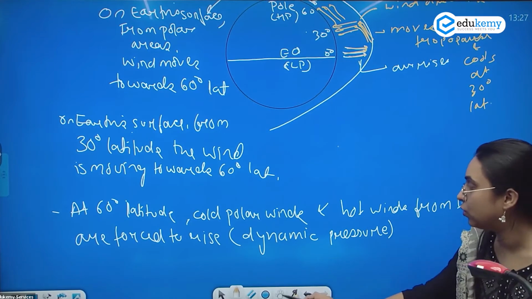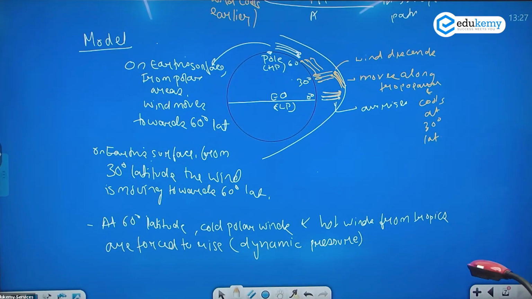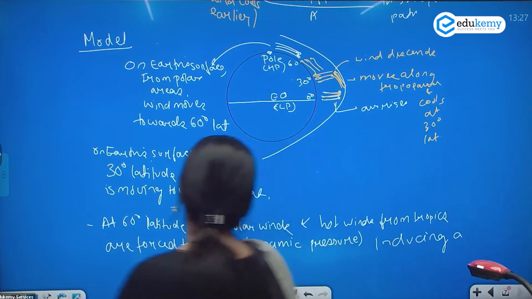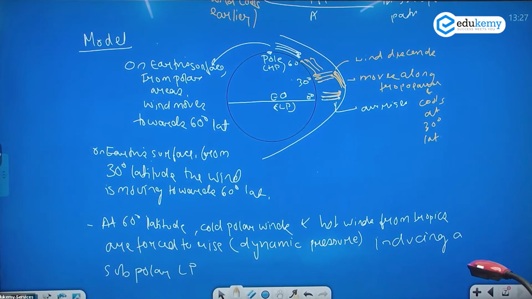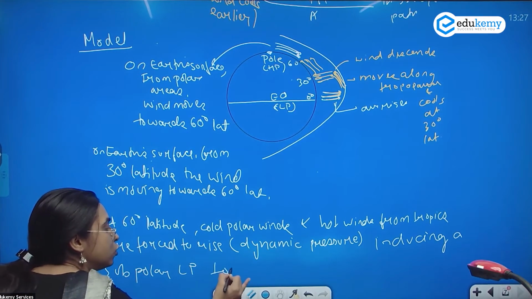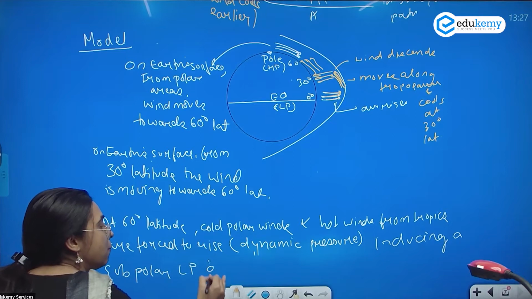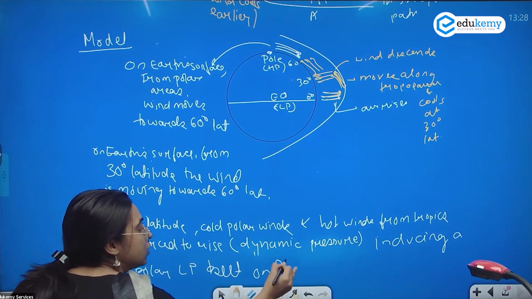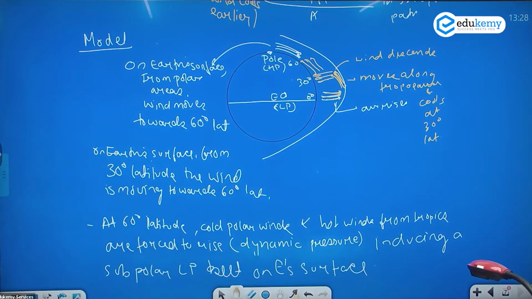At 60 degree latitude, the cold polar winds and the hot tropical winds are forced to rise, and this is called dynamic pressure, inducing a subpolar low pressure belt on the Earth's surface.